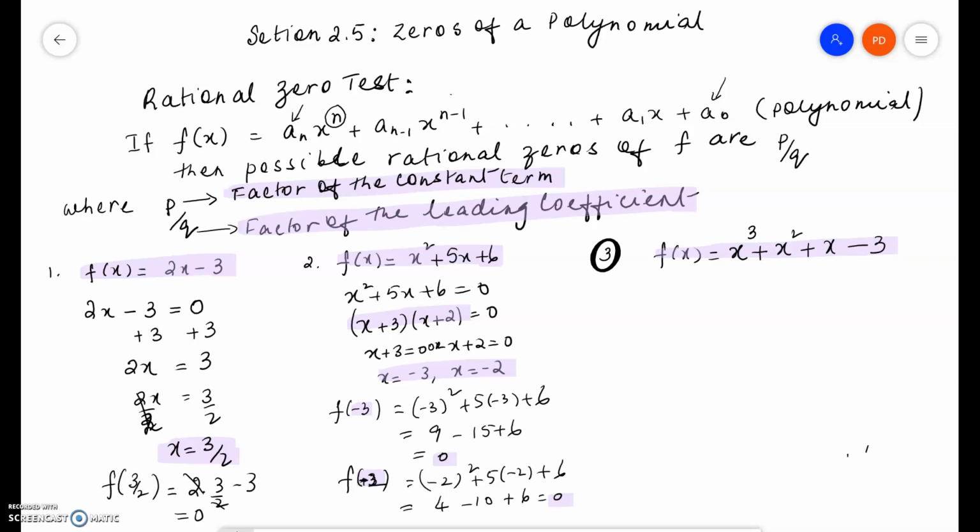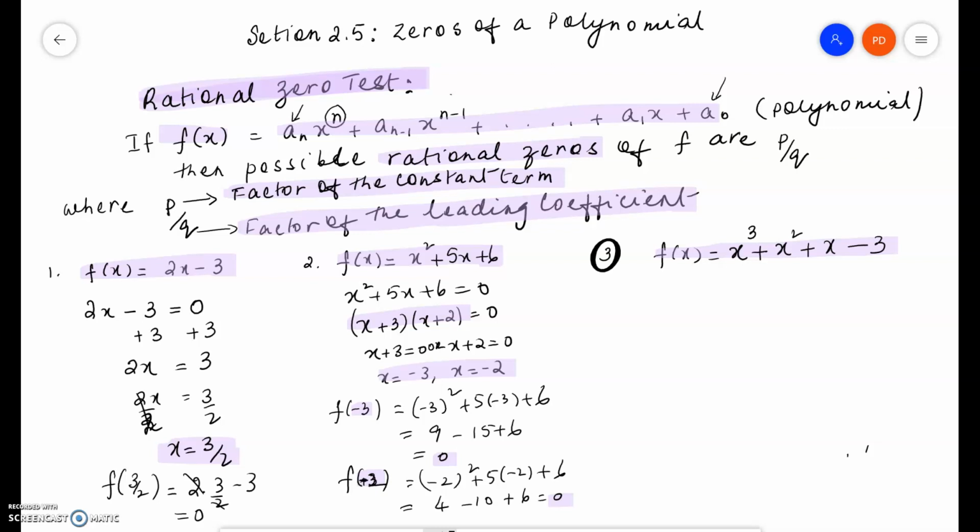So in this case, we'll have to find the possible zeros of this function using the rational zero test. And what does this rational zero test say? If we have a polynomial function, then the possible rational zeros of f are p over q. That's a rational number p over q, where p is an integer and q is an integer.